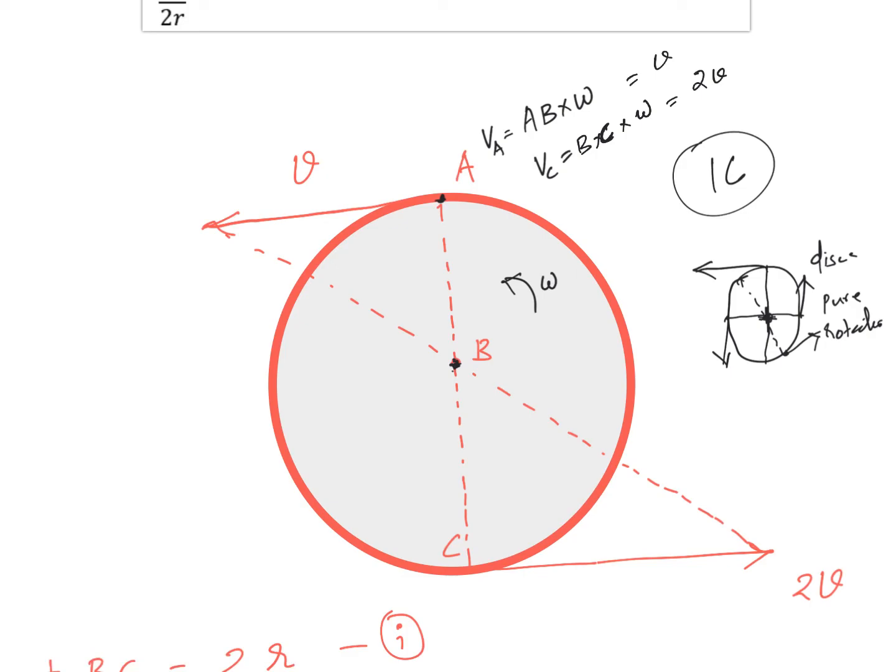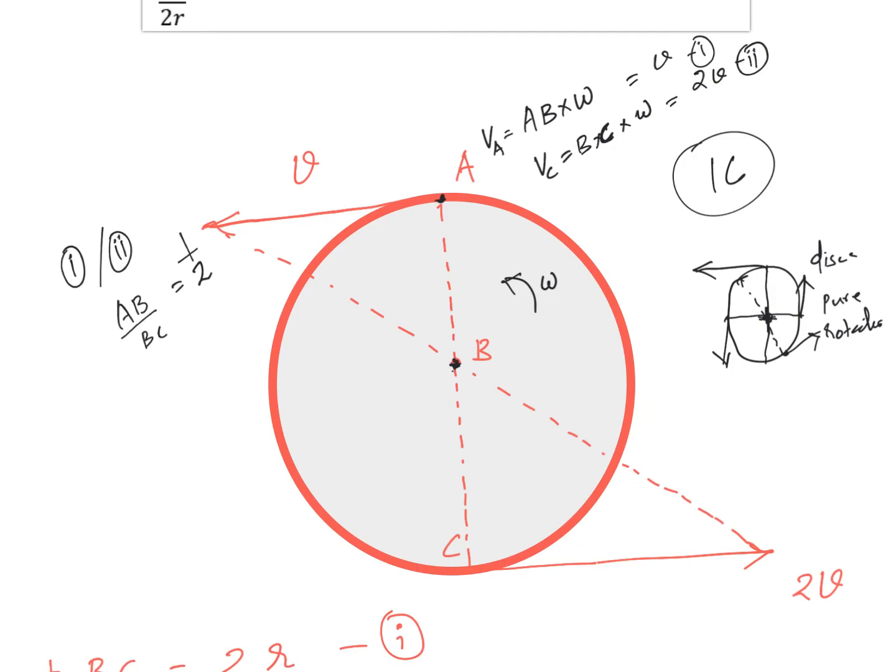Calling these equation 1 and equation 2, if I divide equation 1 by equation 2, I get a ratio of AB by BC, which is 1 by 2.